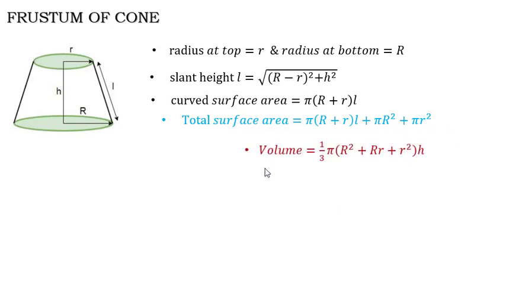And for volume we will write 1 by 3 pi (capital R square plus capital R into small r plus small r square) into h.